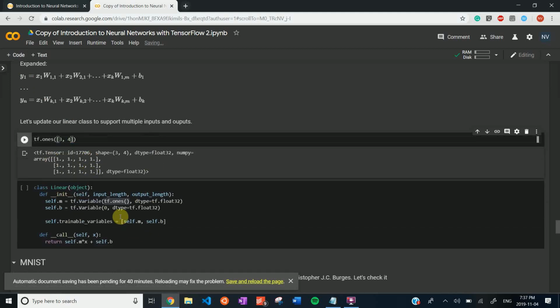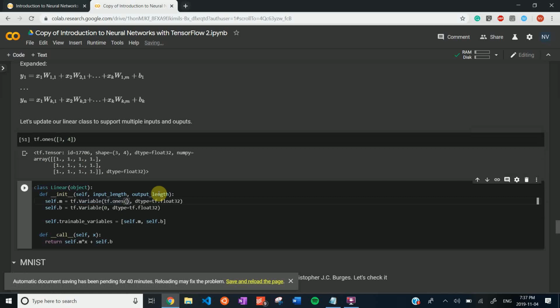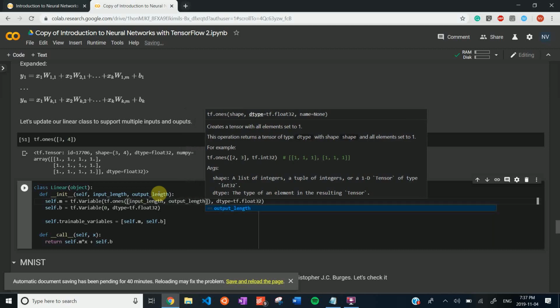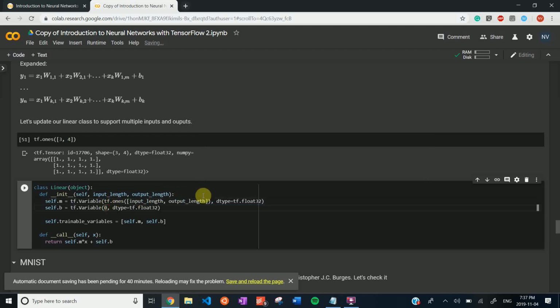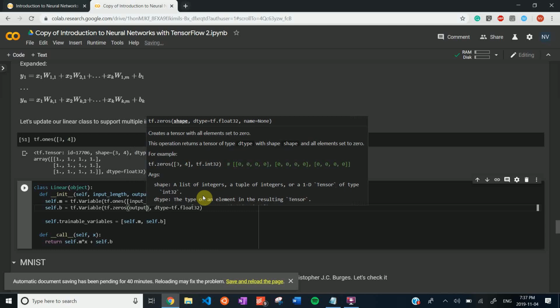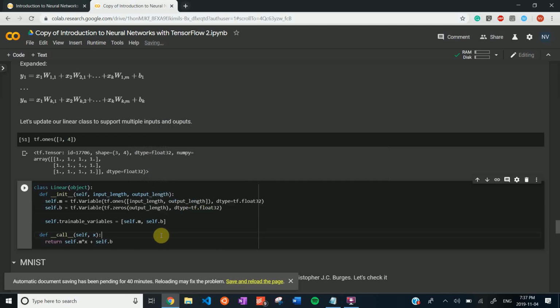It basically creates a matrix of ones, and that's exactly what we want, where one side length is the input length and the other is the output length. I'm not going to go through the exact math of why these dimensions, but when you do the matrix multiplication, this works out. And here we're going to do just zeros, and we want it to be the height of the y vector. That's just going to be output length. I'm also going to rename this W just to match the notation that we've already established.